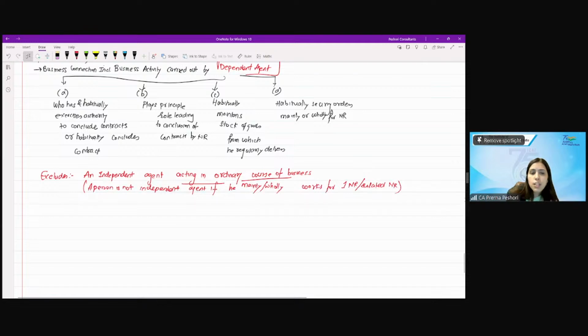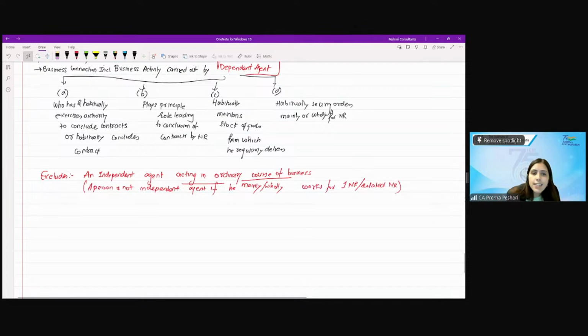Now, you will ask me the question, ma'am, what kind of questions do we expect in the exam around this area? So, students, around this area, the questions could be more on the front of the theory questions itself.